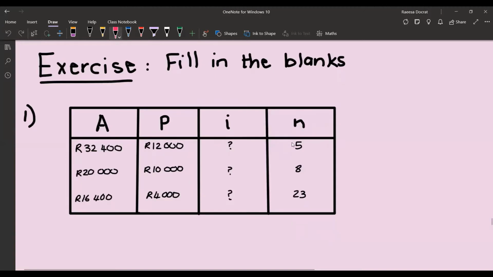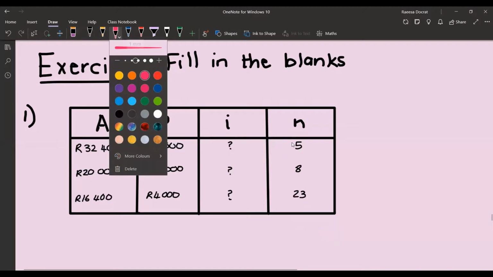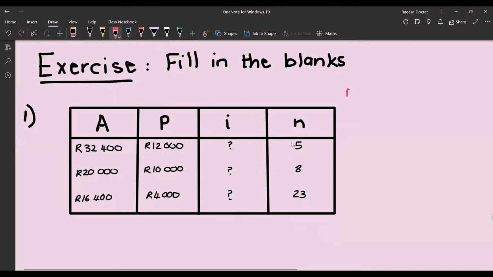Our A is 32,400. Our P is 12,000. And our N is 5.